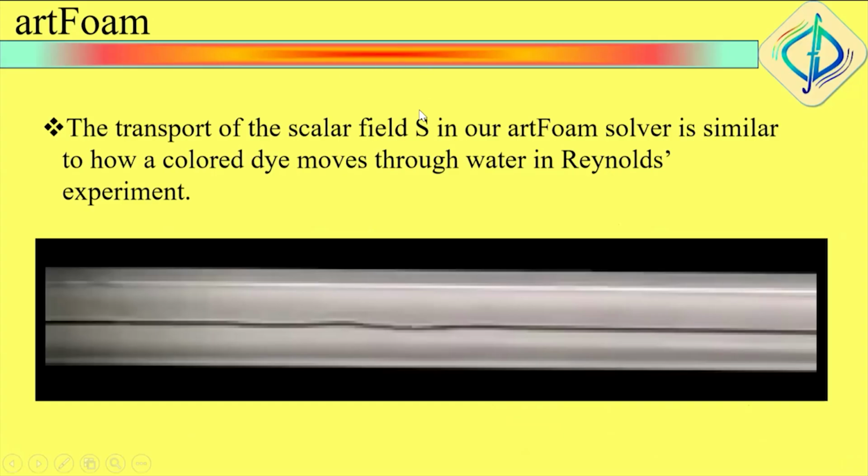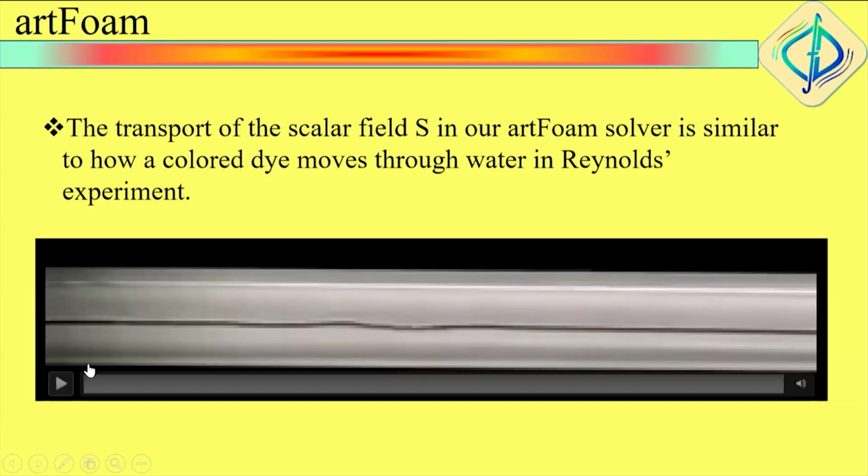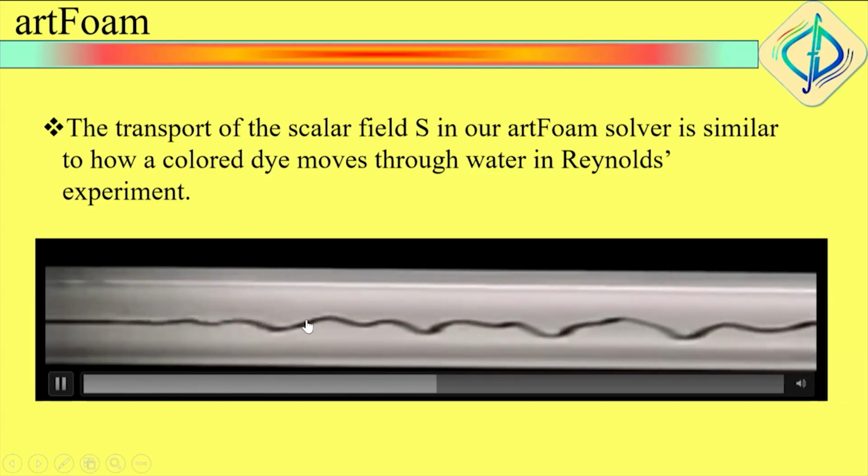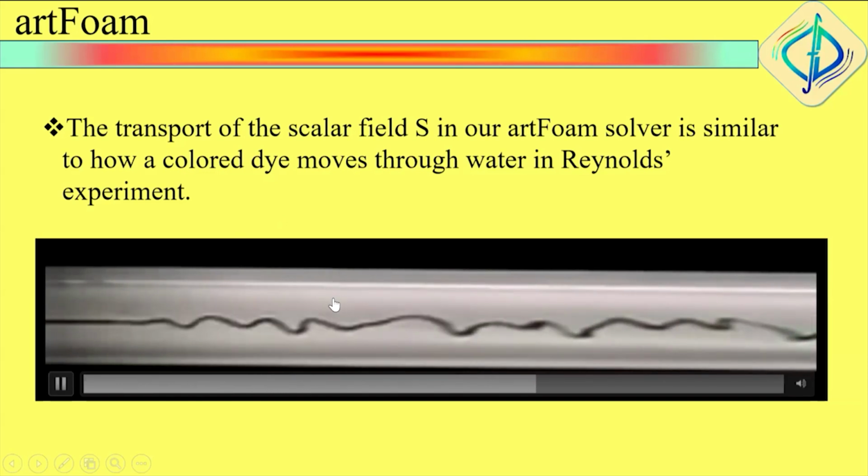Many of us are from an engineering background, and many of us might have gone through the Reynolds experiment, which helps us identify the Reynolds number in a particular pipe. What we are doing is injecting dye in this pipe to check the nature of the fluid. This dye is not impacting the flow parameters.